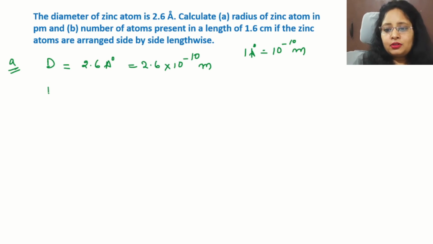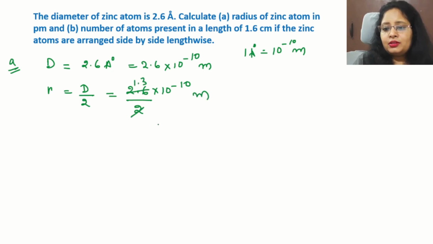As we know, radius is equal to d by 2. Values we can put 2.6 into 10 to the power minus 10 divided by 2. We'll get 1.3. So the answer here will be the radius is 1.3 into 10 to the power minus 10 meter.